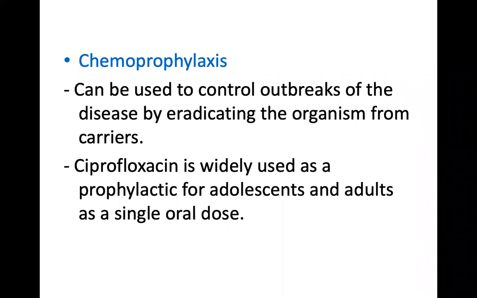Ciprofloxacin is one agent that has been used as a prophylactic agent where you give a single oral dose to adolescents and adults. This approach has been used in some countries where people are reporting to military training camps, recruits, or people getting into prison. You're trying to eradicate the organism from carriers to reduce chances of getting an outbreak within that institution.